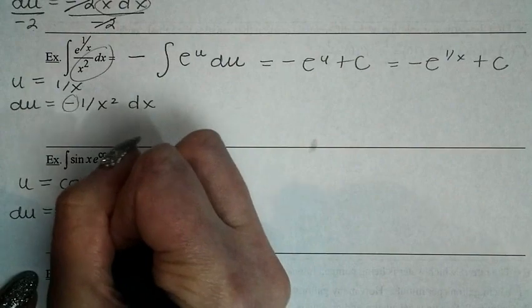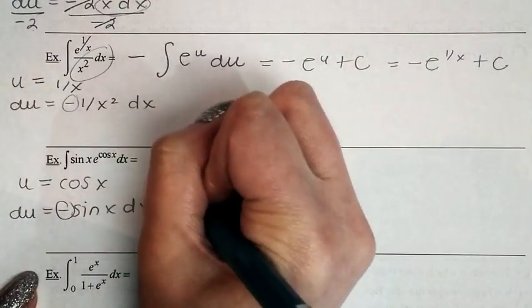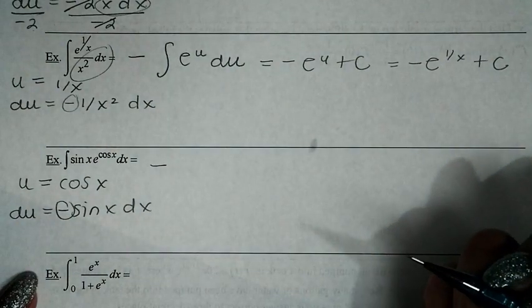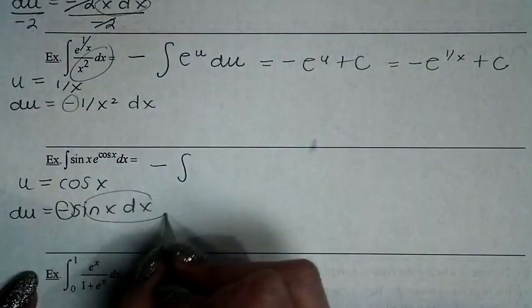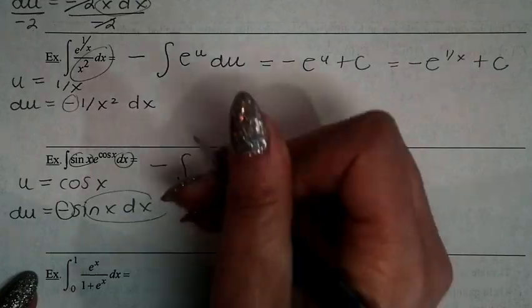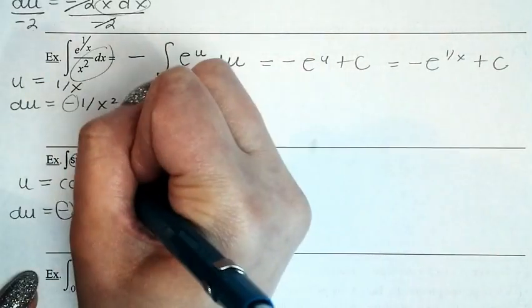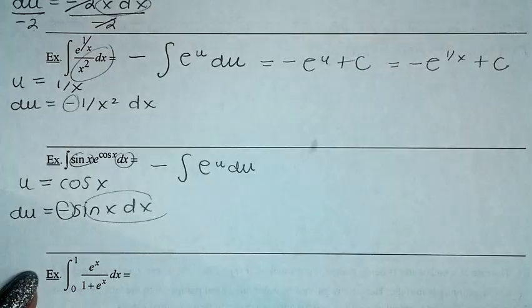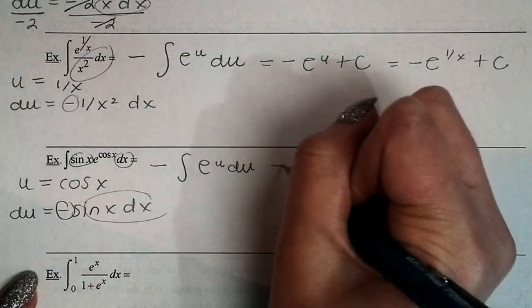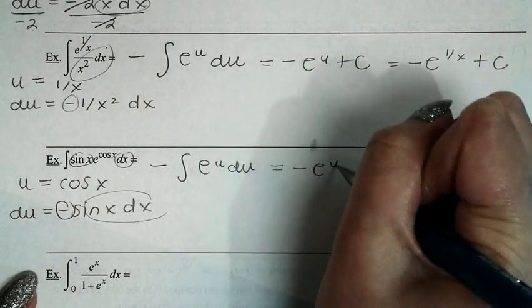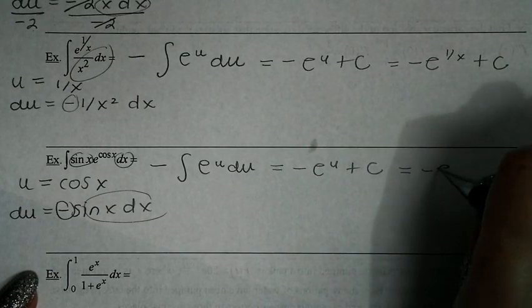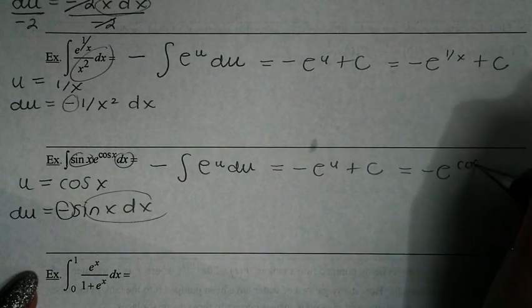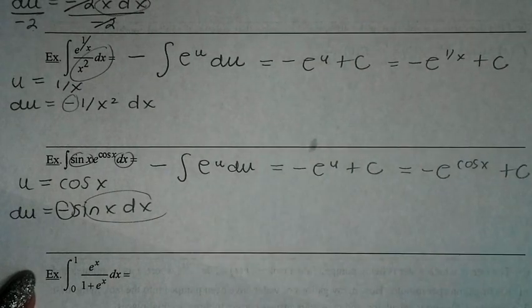The only thing we're missing here is the negative, but that's not a problem, because you can put it at the very front. So you have the sine and the dx, which is the du, and the e to the u. So again, you have negative e to the u plus c. So this is equal to negative e to the power of cosine of x plus c, and that's pretty much it for this problem.